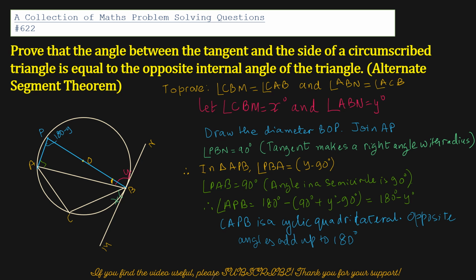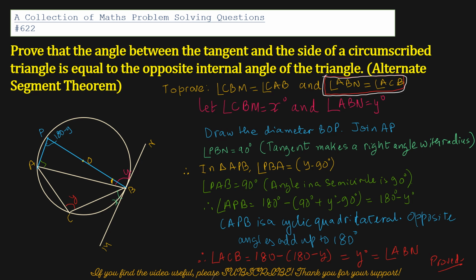Therefore angle ACB would be 180 minus (180 minus y), which gives you y, because the 180 and 180 would cancel out and this y would get a positive sign. So angle ACB would be y, and you see our proof is done. So we have proved that angle ABN equals angle ACB.